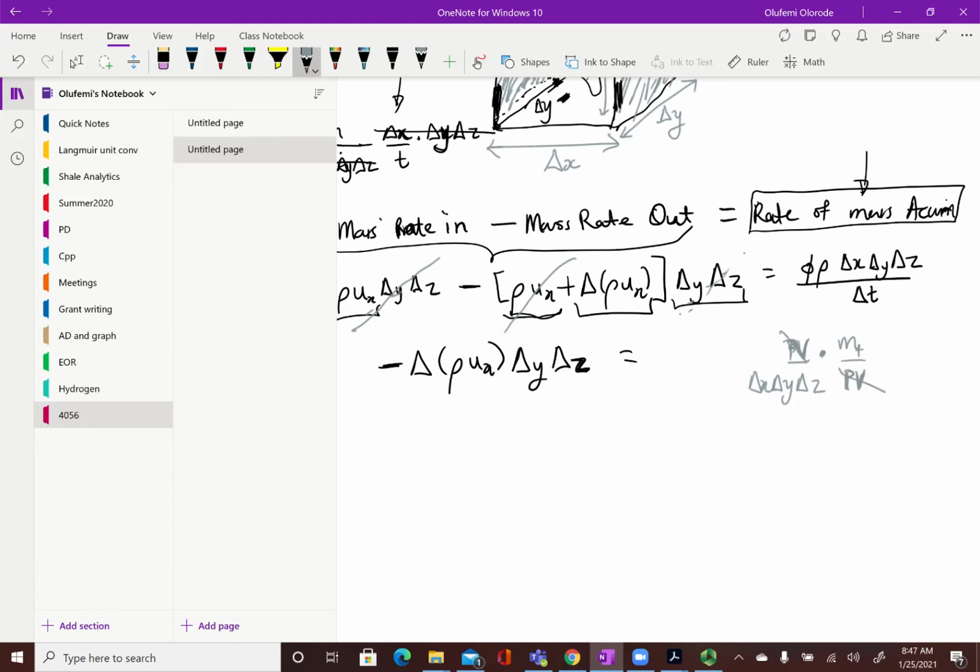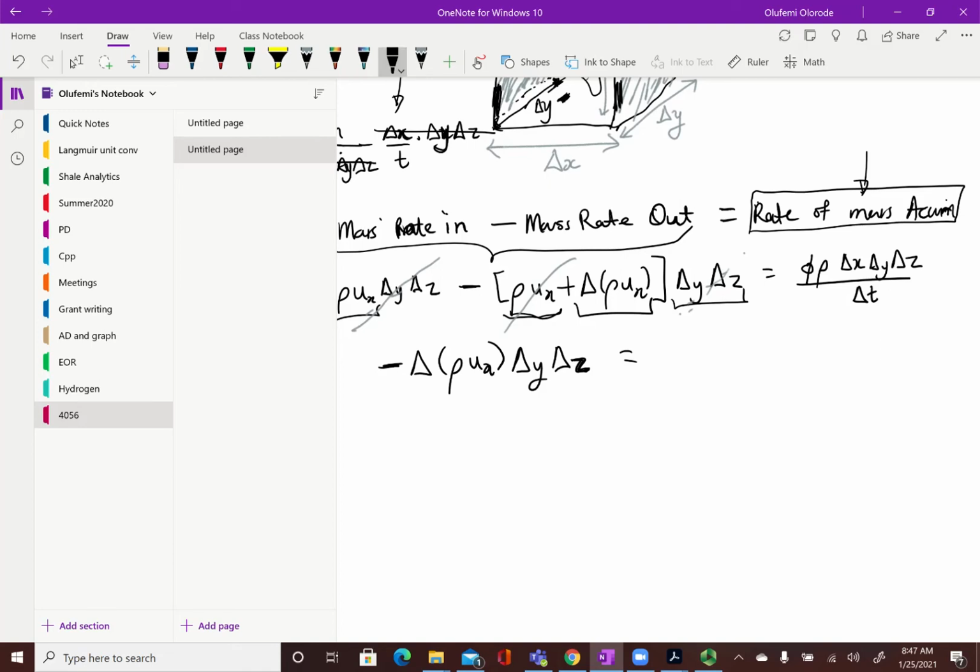So that cancels out this. And now you are left with mass per unit volume. And then you multiply that by volume, which is bulk volume, and divide by delta T. So the unit of this term right here is mass per unit delta T. The only things you're left with after canceling out. So you see everything works out, right? This is mass per unit time. And that is the rate of mass accumulation in the cell.